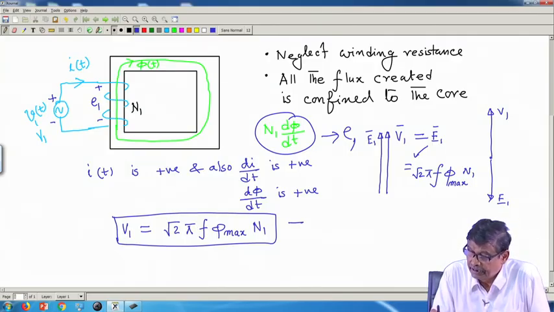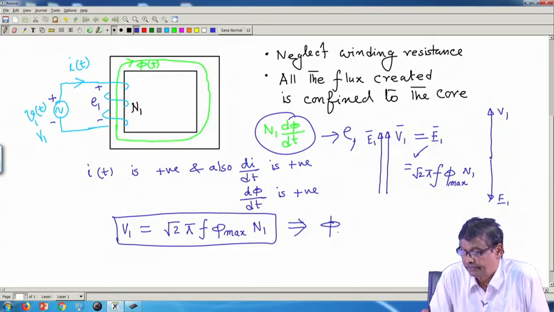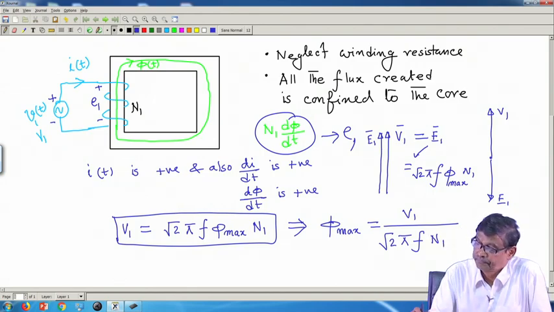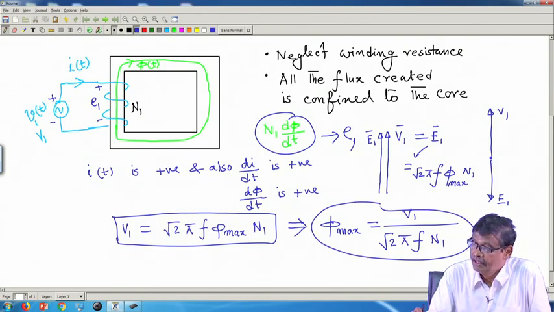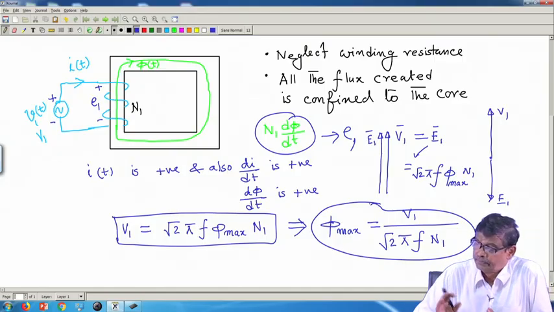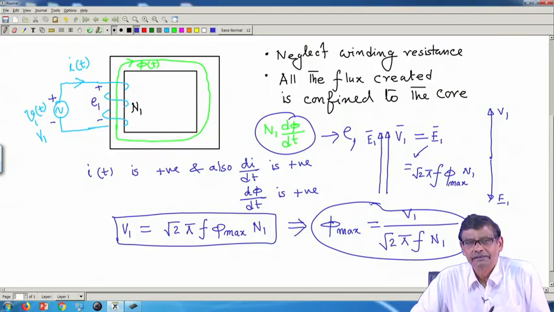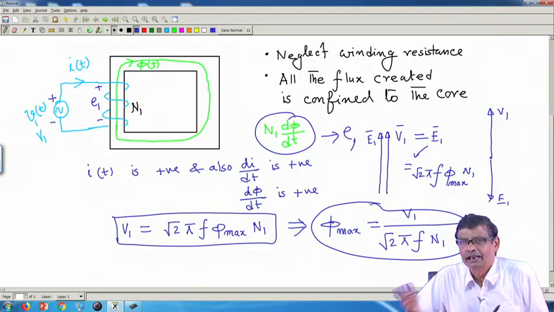This equation implies, and this is a most important statement, that phi max is equal to V1 by root 2 pi f into N1. In other words, in a DC circuit excited with DC current, Ni is known, then calculate flux.